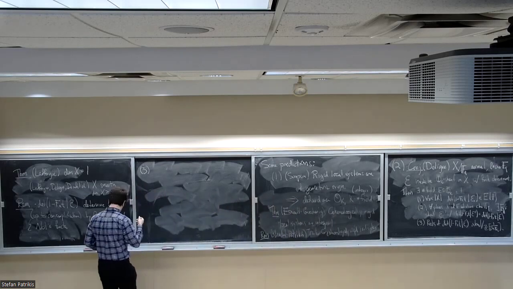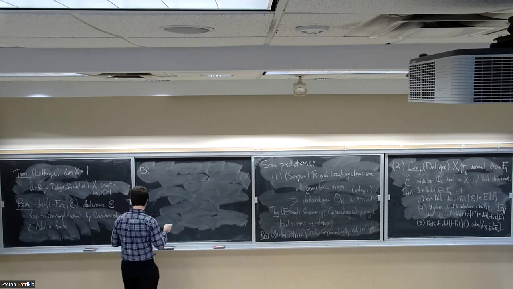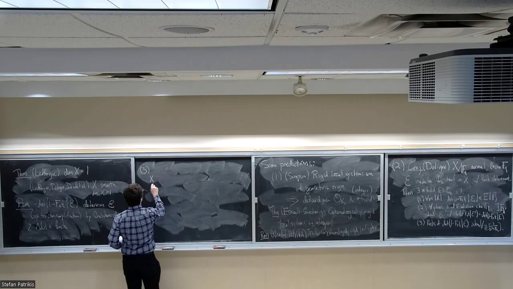and let me draw one more consequence of this relative Fontaine-Mazur conjecture. Suppose I have X to S, let's say over C, smooth and proper.